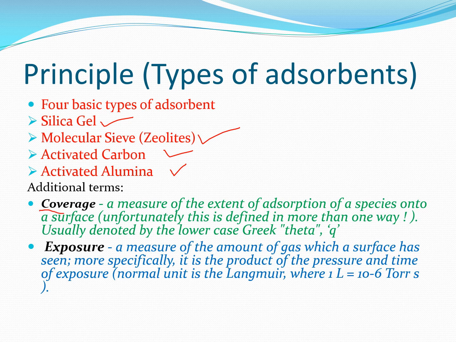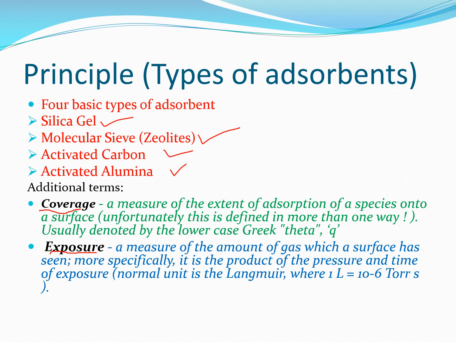So there are two main definitions, concepts, in the solid bed. One is coverage, defined as a measure of the extent of adsorption of a species onto a surface. It can also be defined in more ways, and is usually denoted by the lower case Greek theta.